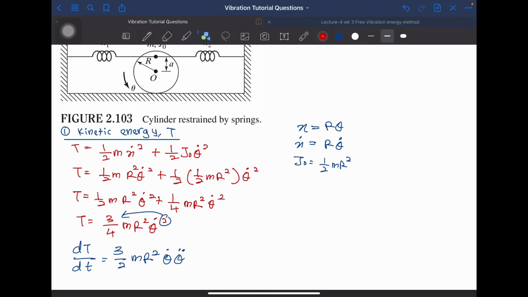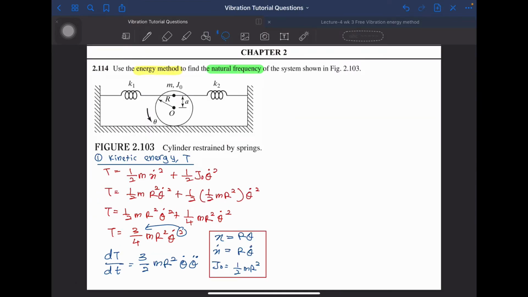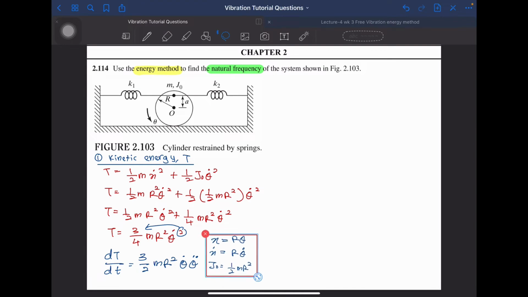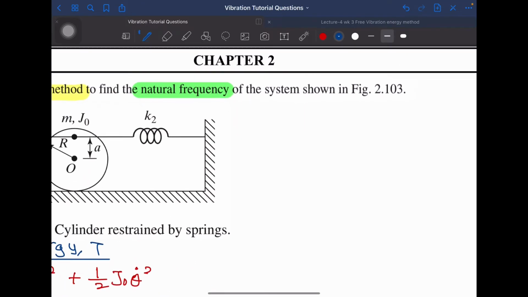Potential energy. I'm going to do it up here.